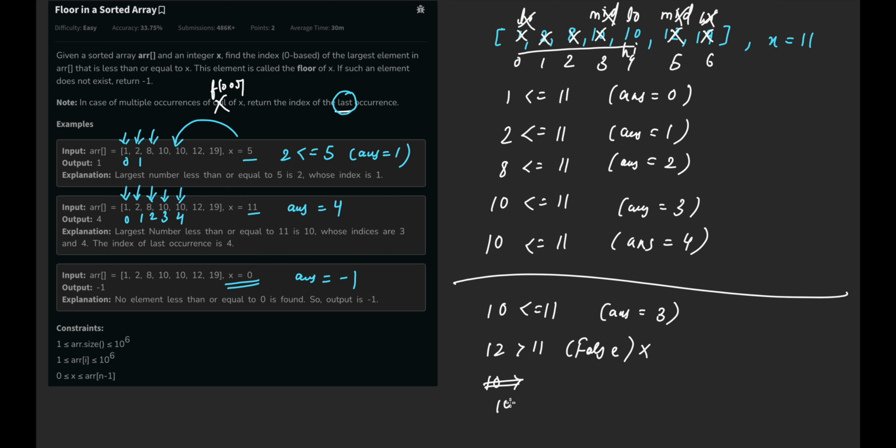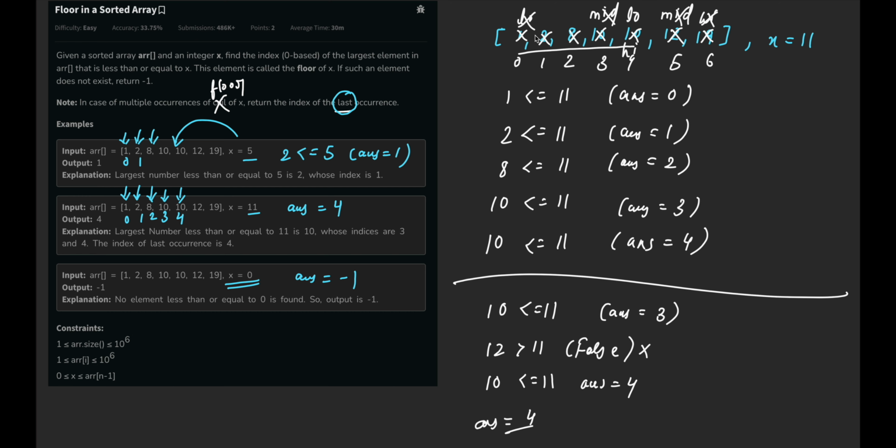Since 10 is also a possible candidate, we can store answer as 4, which is the index of this 10. Now since there are no elements to check, we can safely return answer as 4. So this is how the binary search approach would work.